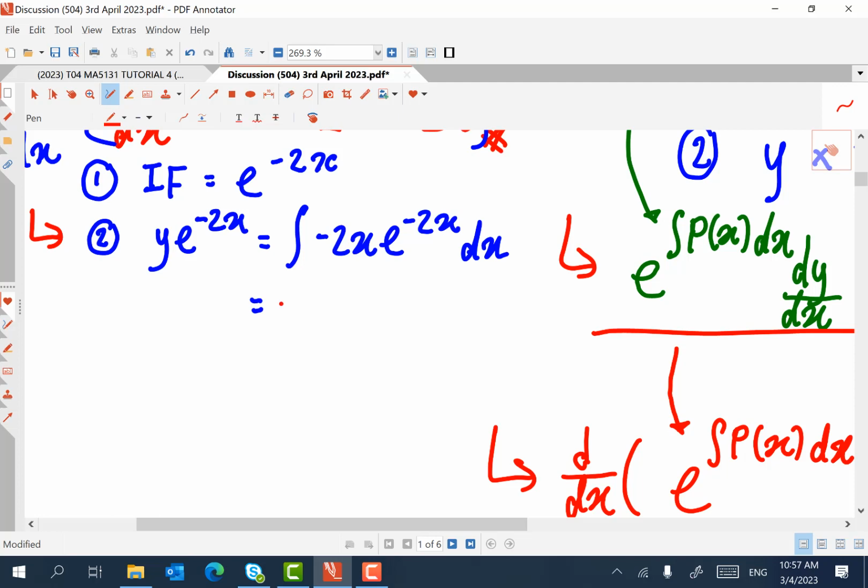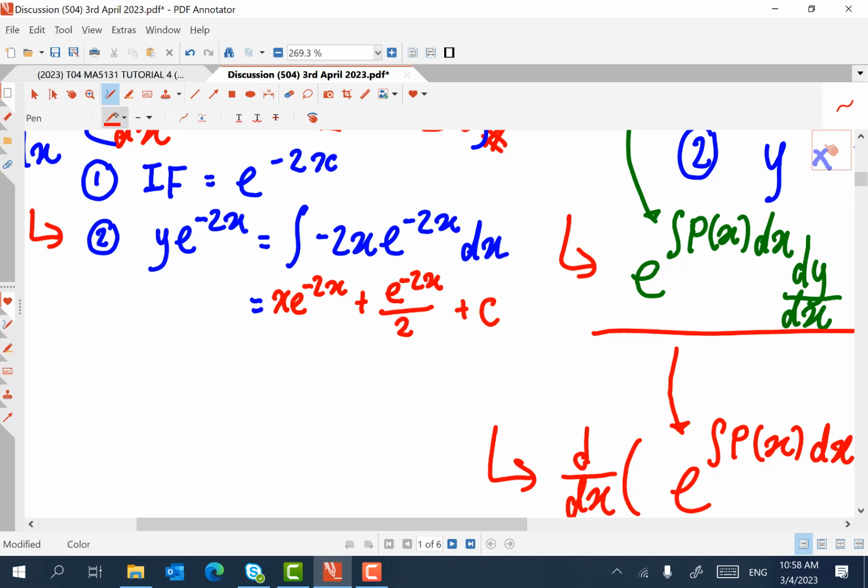He says the first one is x e to the power minus 2x. What else? You've written it. Okay, and then this one is going to be e to the minus 2x over 2.